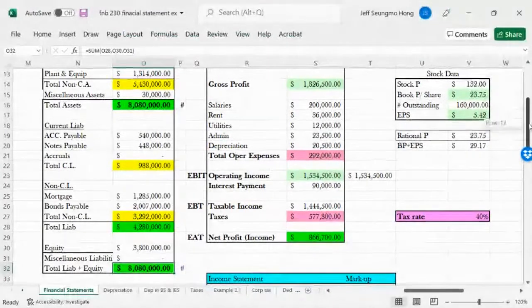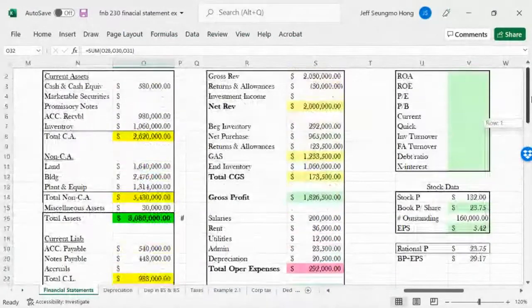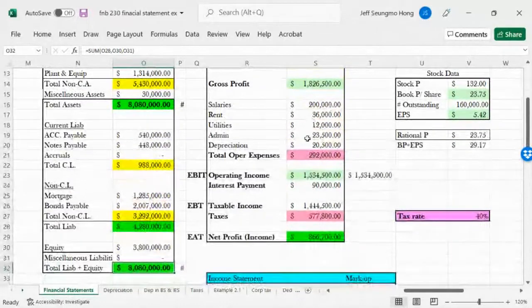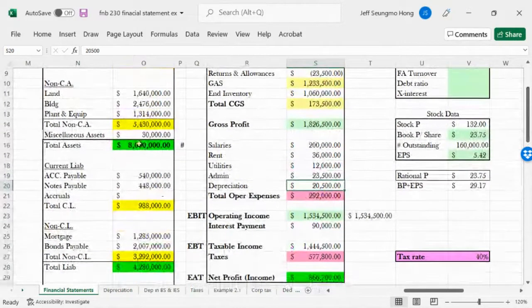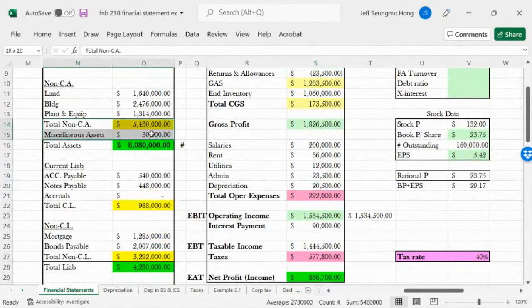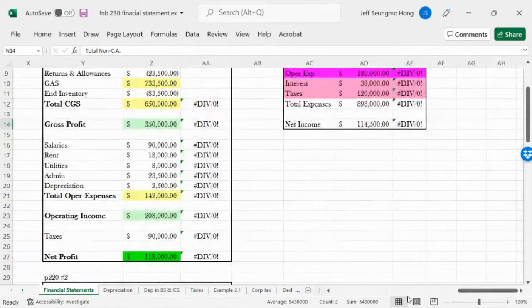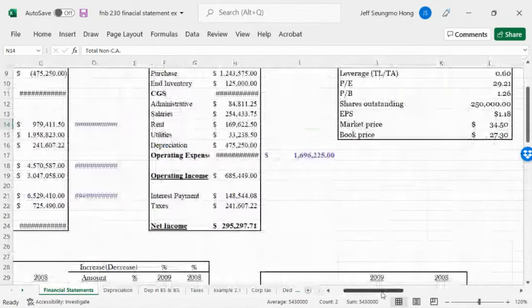So here's our balance sheet and income statement. Depreciation appears here, and then it should be reflected here. It's not shown here. But if we go to another example, let's see.